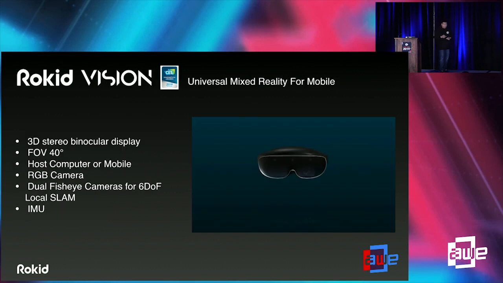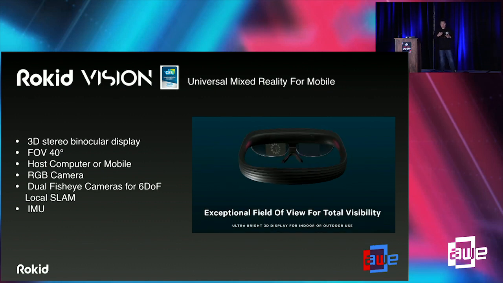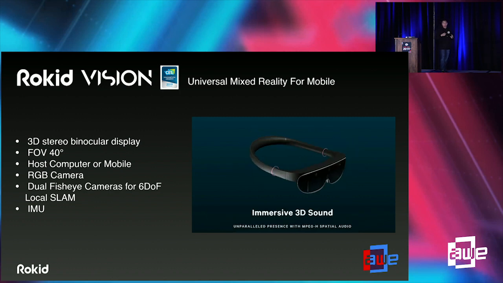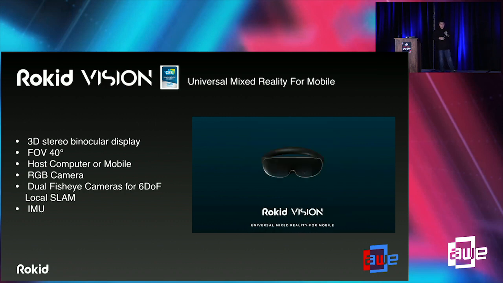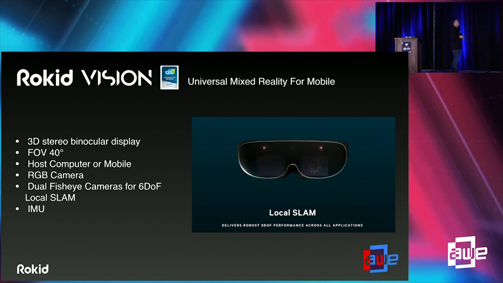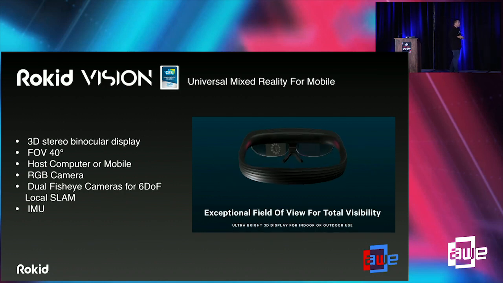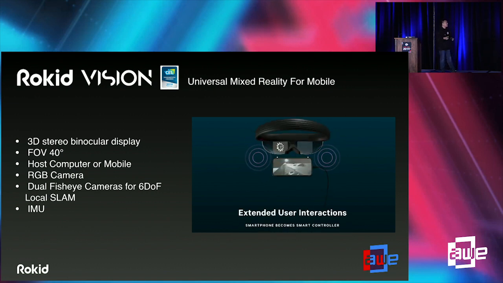Next is the Rokid Vision. Rokid Vision is a tethered product that extends existing mobile hardware by providing a wearable immersive experience for the consumer-focused enterprise or B2C market. The Rokid Vision has a 3D stereo binocular display with a 40-degree FOV. It can host a mobile smartphone, computer, or portable devices.